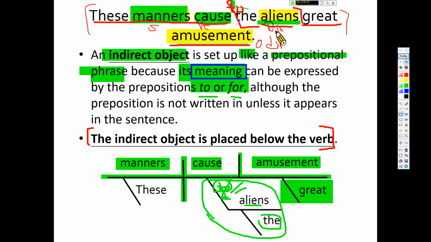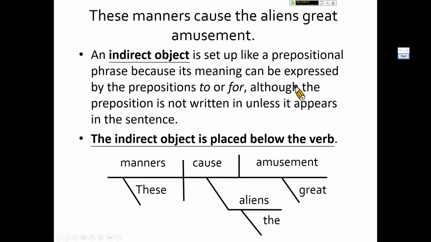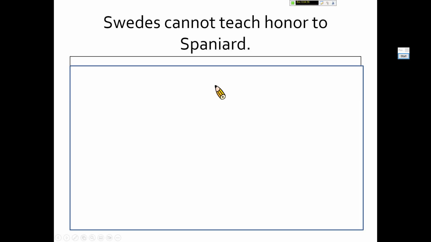"To the aliens" is the prepositional phrase. So we put it up here without "to." Okay? So this is the way for us to handle this kind of structure, sentence pattern number 8.